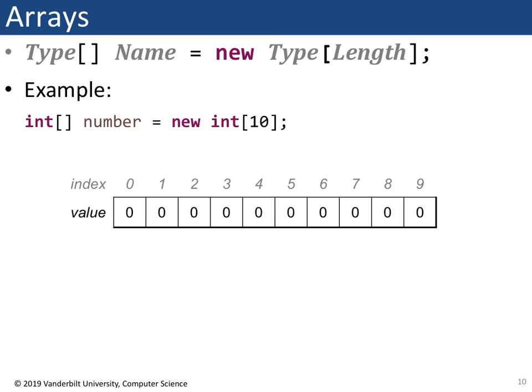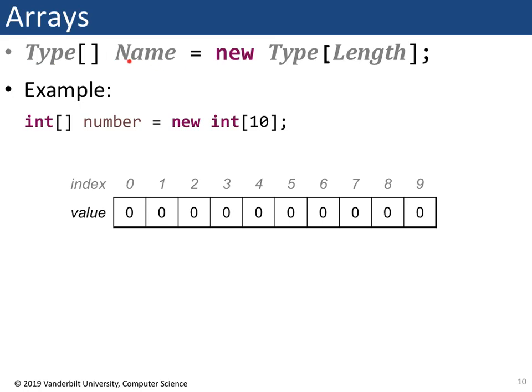We've shown the syntax for how to declare a double type array. Now let's look at the general syntax for any type. We have the type of the variable, followed by open and close brackets. That tells Java we're not going to have a variable of this type, we're going to have a variable that stores a reference to an array of this type.